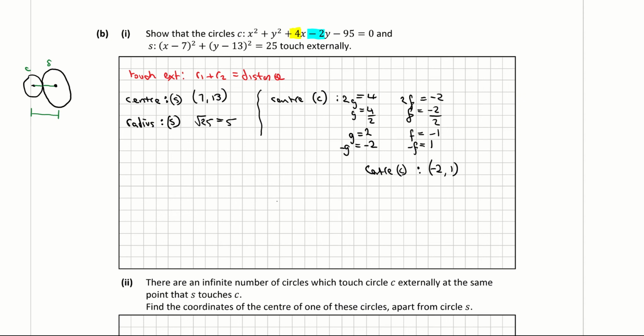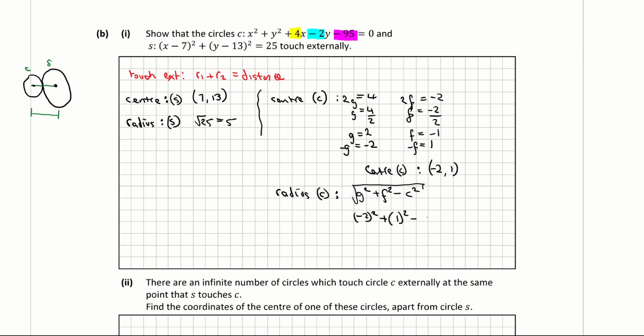And now I need to get the radius of C. So radius of circle C. Again, it's given by the log tables formula, the square root of g squared plus f squared minus c. I plug in my values for g and f, and I put in minus 2 squared. Make sure we use brackets here because they're negative. And minus my c. My c is the constant, which is negative 95.